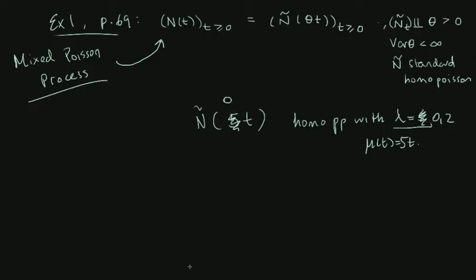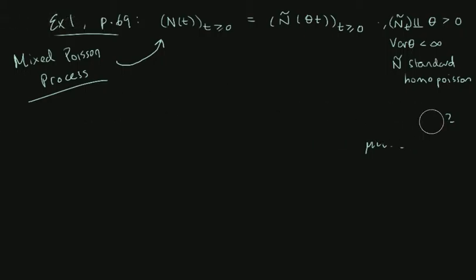So let us look at what happens if we try to model different claim number processes for a population that isn't necessarily homogeneous. Let's say we have a population of men and women. Shall we say this is a man and this is a woman?